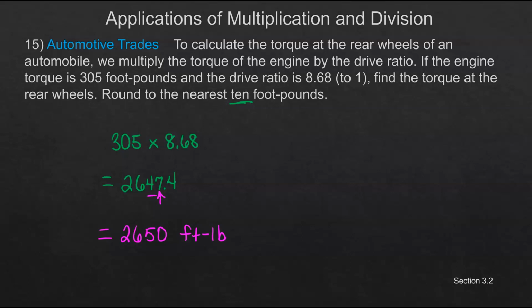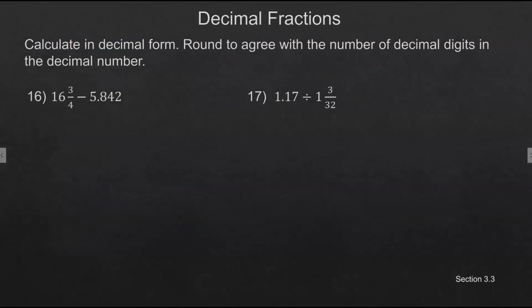Okay, so now we're going to talk about decimal fractions. So this says to calculate in decimal form, round to agree with the number of decimal digits in the decimal number. So that's the given decimal number. So on the first one, that means we would round to 3 places after the decimal, and we would change 16 3/4 to 16.75.